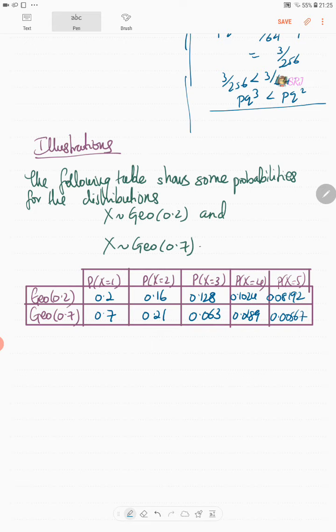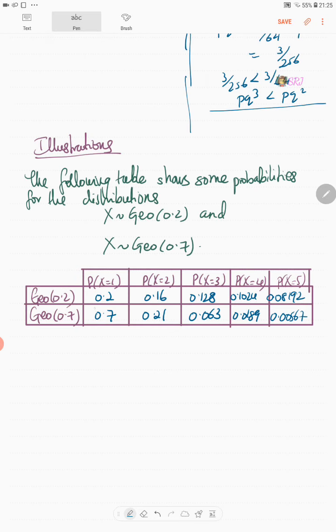We have calculated the probabilities, that is the probability X is equal to 1 up to the probability X is equal to 5, and for both we can see that the highest probability occurs when X is equal to 1. So if we consider the first one, 0.2 is greater than the rest of the probabilities.